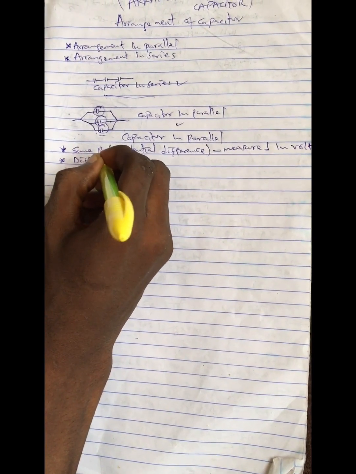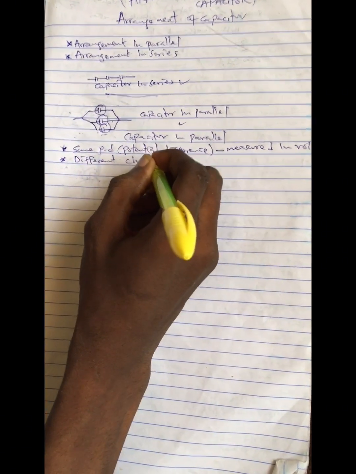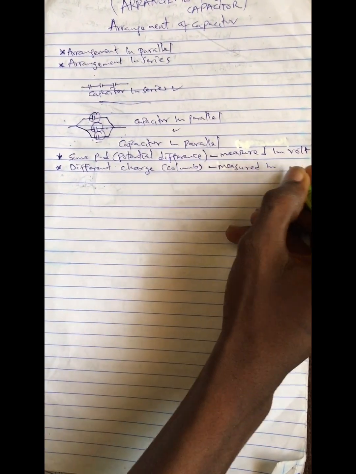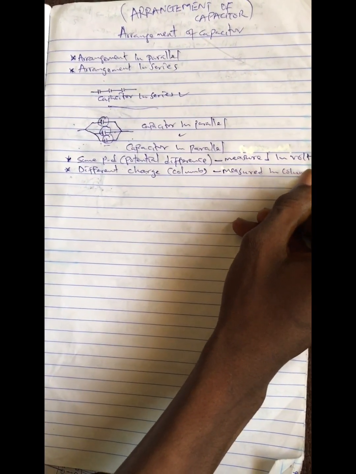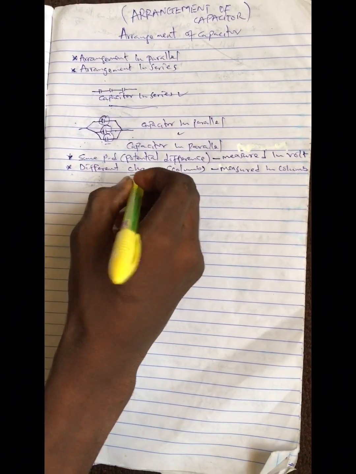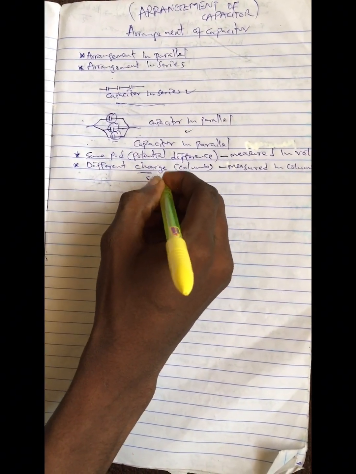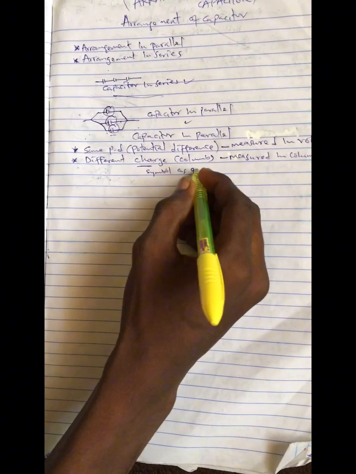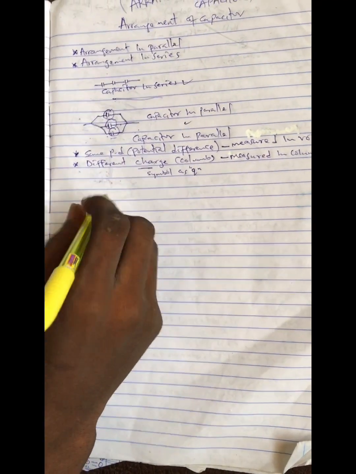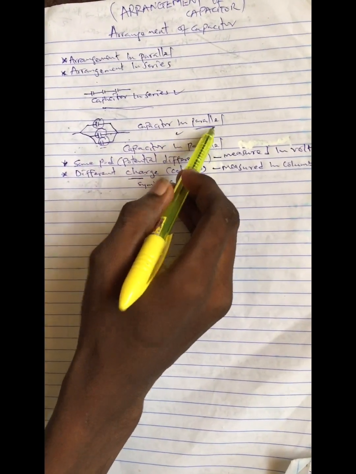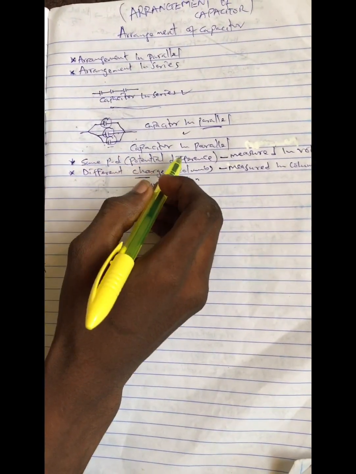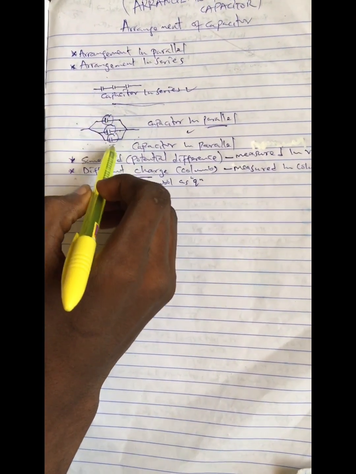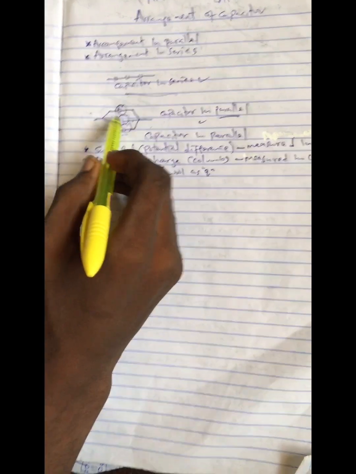usually measured in coulombs. Sometimes you see the symbol as a small letter Q. So, for capacitors in parallel, they have the same potential difference all through, but different charges.